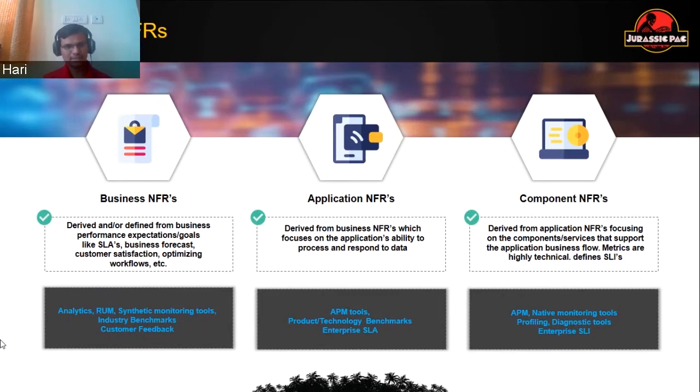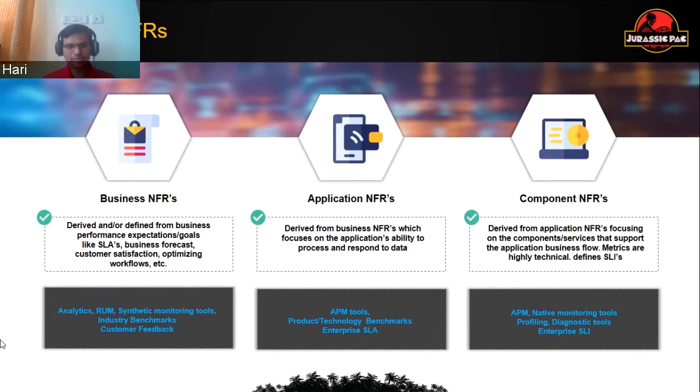This is where you break down the business NFRs into application specific NFRs, at the technology level or at the infrastructure level, so that it is easy for the architects and the developers to consume and use that data for developing or architecting the application.